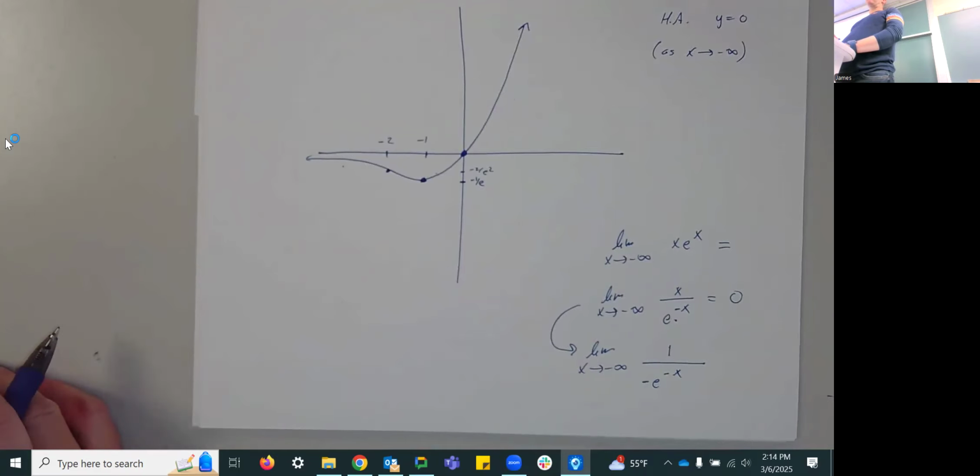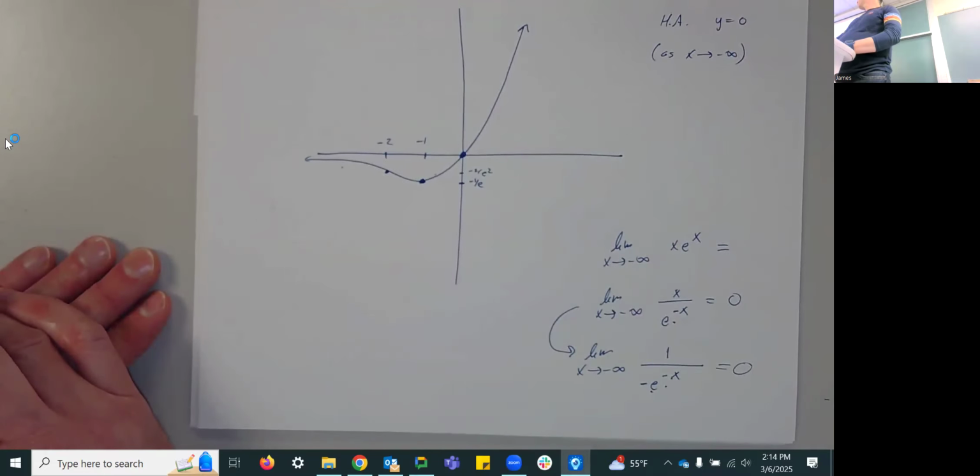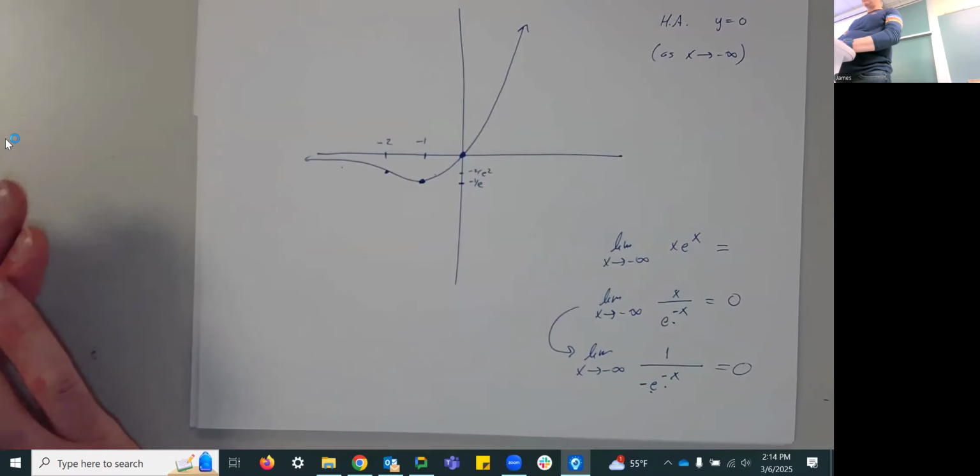And then if you let x go to -infinity, e to the negative infinity is e to the infinity, which is super big. And 1 divided by an infinitely large number is infinitesimally small. So that's very, very broadly the idea for L'Hopital's rule.